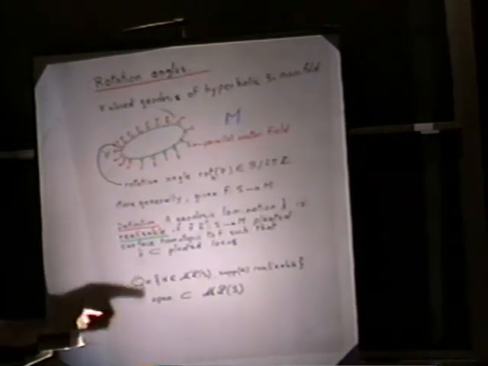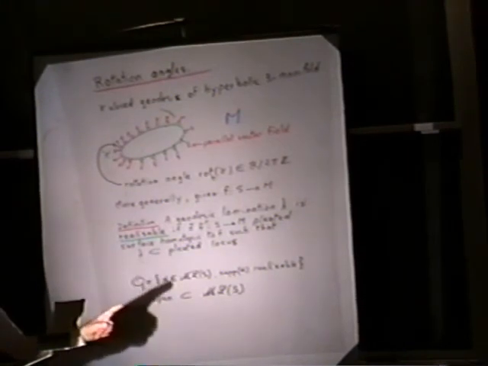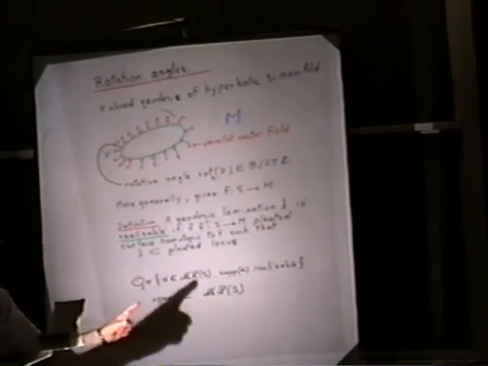In other words, that pleated surface sends the leaves of lambda to geodesics in M. Okay, so let's call O of F, since I already used R, the space of measured laminations whose support is realizable in this sense.